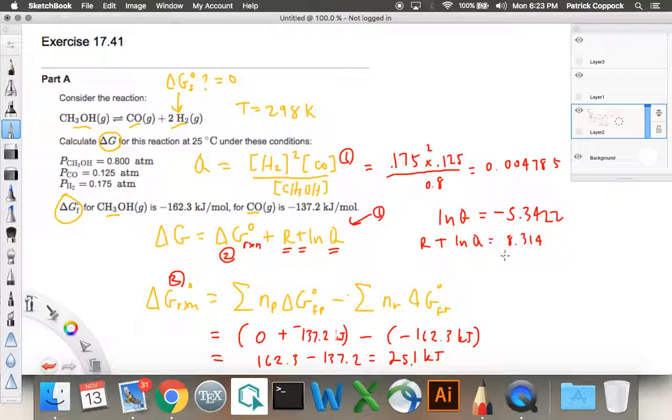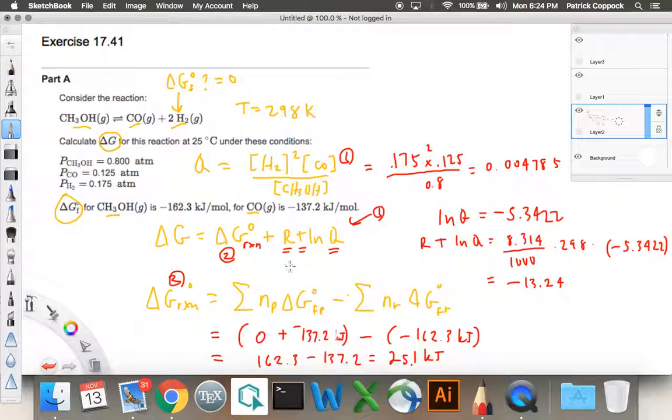So RT ln Q is going to be 8.314. This is in joules, so to make it in kilojoules, I'm going to go ahead and divide it by 1,000. And the temperature is 298. And this is minus 5.3422. Okay, and so RT ln Q is negative 13.24.